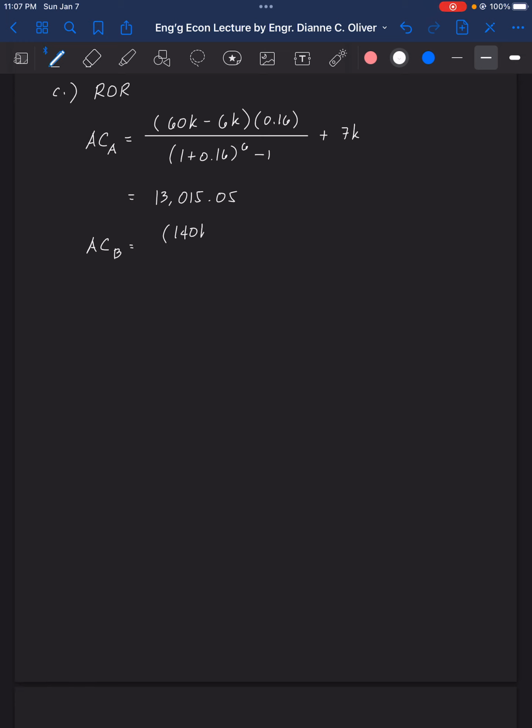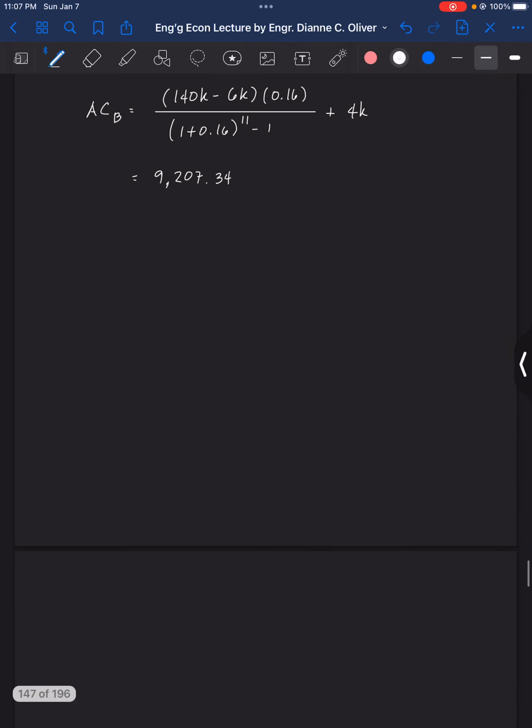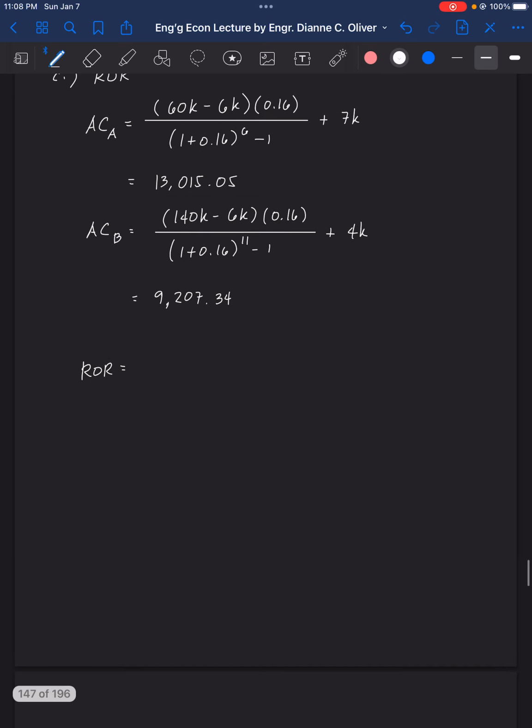So 140,000 minus the salvage value of 6,000, times 0.16, divided by 1 plus 0.16 raised to the life of 11 years minus 1, plus maintenance cost 4,000 pesos. So this is now equal to 9,207.34.